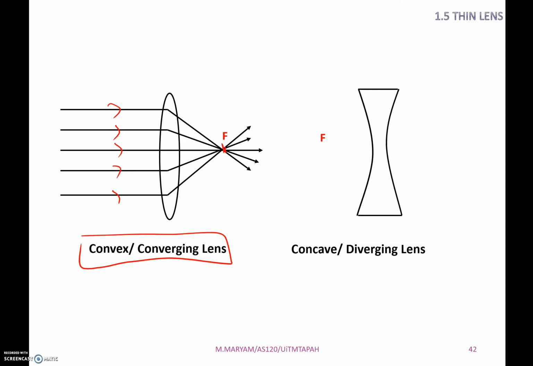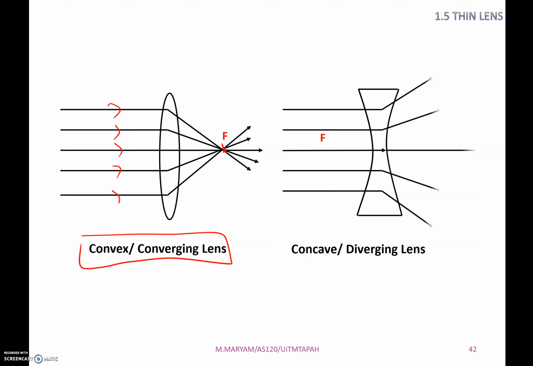But diverging lens has the opposite function, which is to diverge the light. So let's see here. Light goes in a straight line. Supposedly, it should be converged, but it is diverged because it is focused at the focal point in front of the lens, as compared to the convex lens, where the focal point is at the back of the lens.